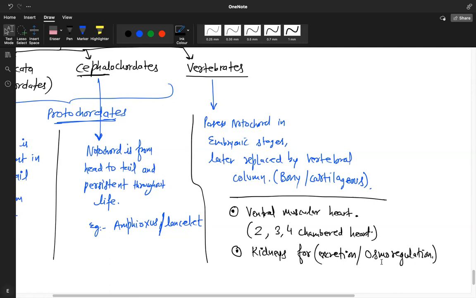Or if you keep a raisin in water overnight, the raisin becomes like a grape. Have you done these experiments? Yes, sir. That's because of osmosis, the flow of water from higher concentration to lower concentration.